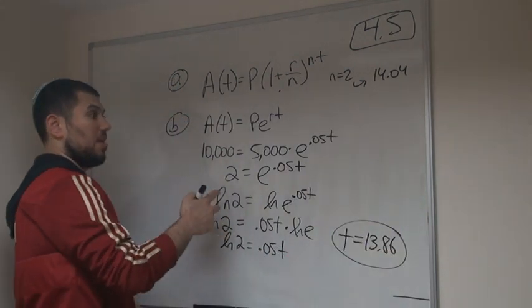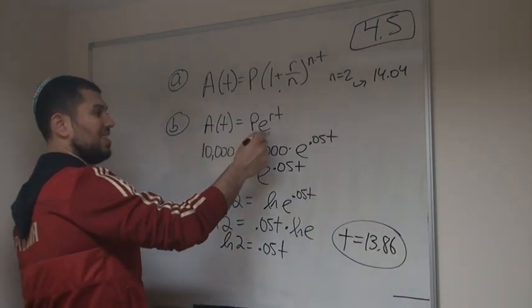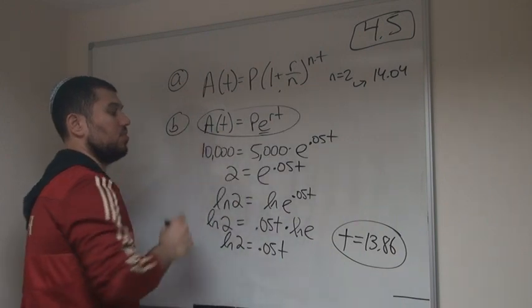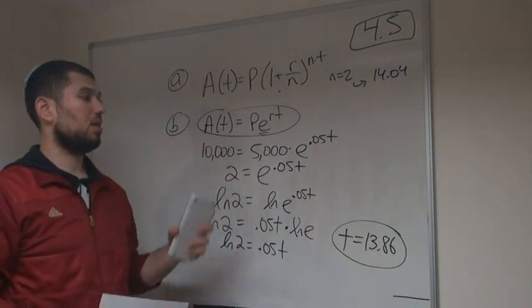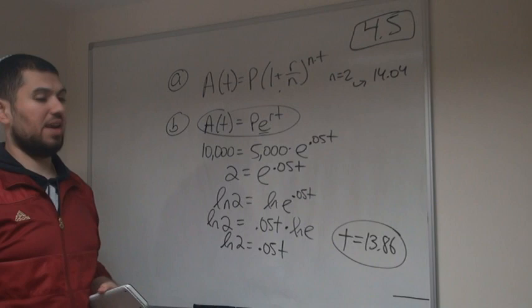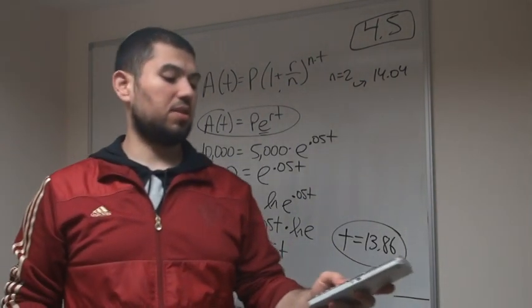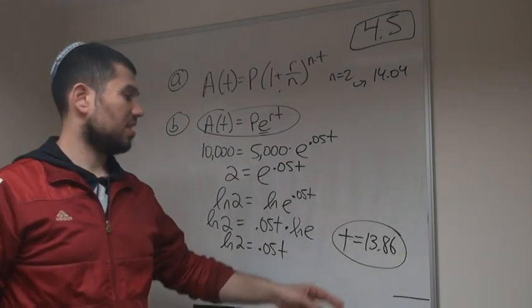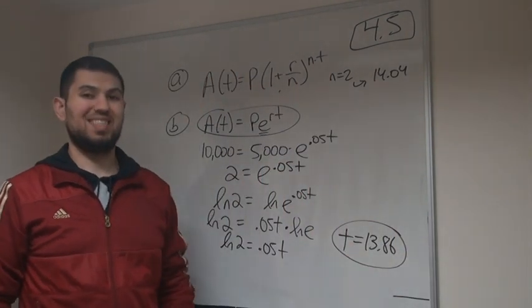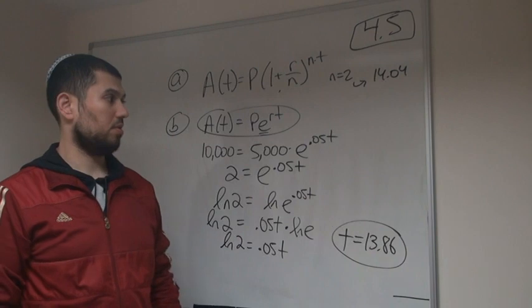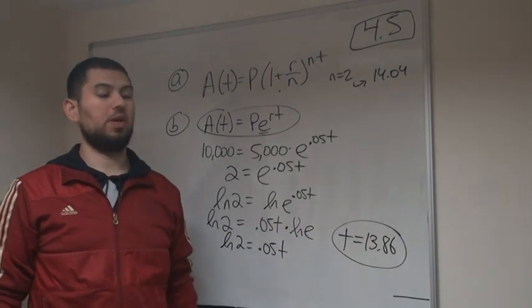So in the second scenario, when we're compounding interest continuously and using the continuous compounding interest formula, the same rate at 5% with the same principal invested at $5,000 will give us 13.86 years to double the money, not 14.04 years.